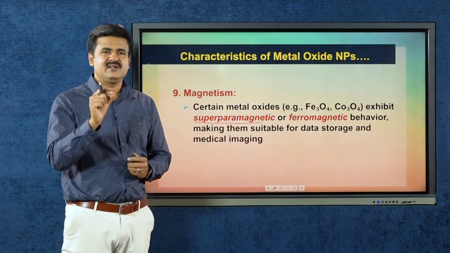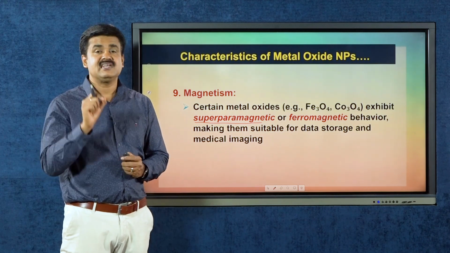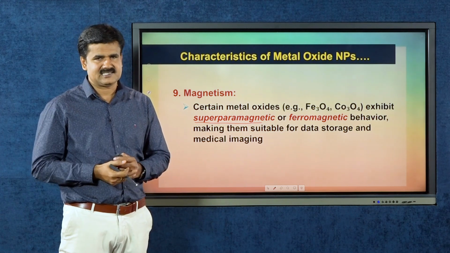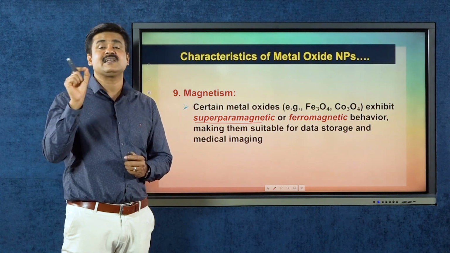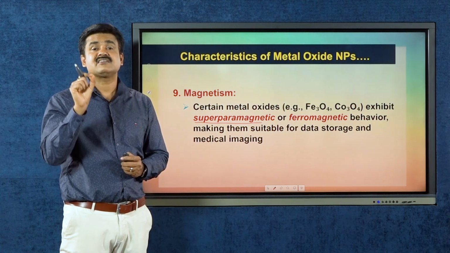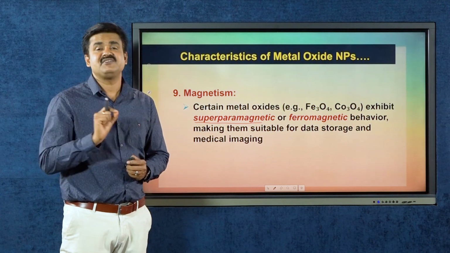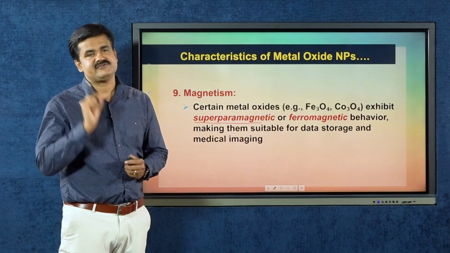I am just mentioning the superparamagnetism. You know the magnetic hysteresis phenomena in ferromagnetic materials. For a ferromagnetic material, there are two important characteristic quantities. They are coercivity and retentivity.